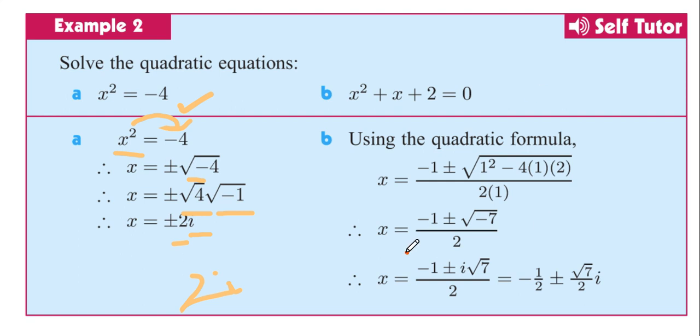So when you find this much out after using the formula, you have this that becomes a minus 1 and a 7. So under root minus 1 and under root 7. So that minus 1 becomes iota and the under root 7 stays as it is because you cannot simplify. Then that becomes minus 1 by 2 plus minus under root 7 by 2 iota.